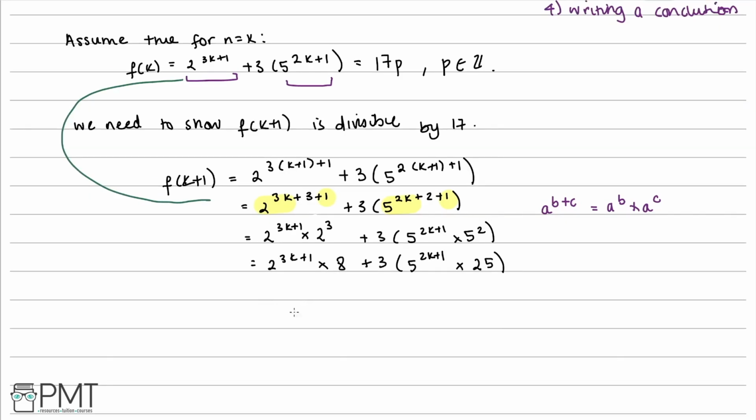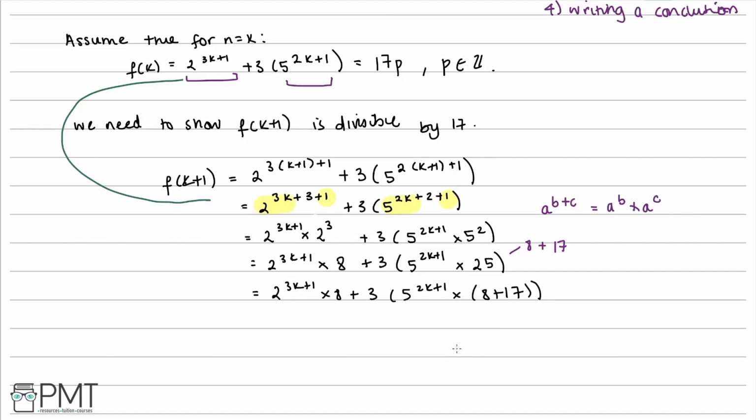Now, one way to get f of k from f of k plus 1, as we've simplified over here, is to notice that 25 can be split into 8 plus 17. And thus, the right-hand side can actually be written as 2 to the power of 3k plus 1 times 8 plus 3 times 5 to the power of 2k plus 1 times by 8 plus 17.